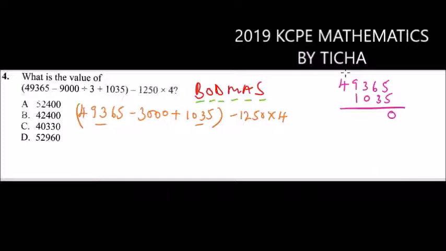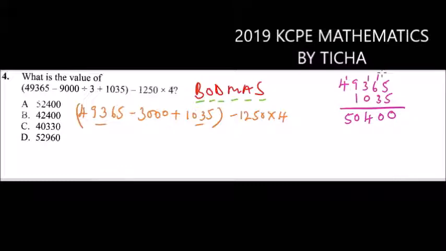Here you get 5 plus 5 is 10, you get 0 and carry 1. 1 plus 6 is 7, plus 3 is 10, so you get 0 and carry 1. 1 plus 3, you get 4. Then 9 plus 1 is 10, so you carry 1, and 4 plus 1 you get 5.